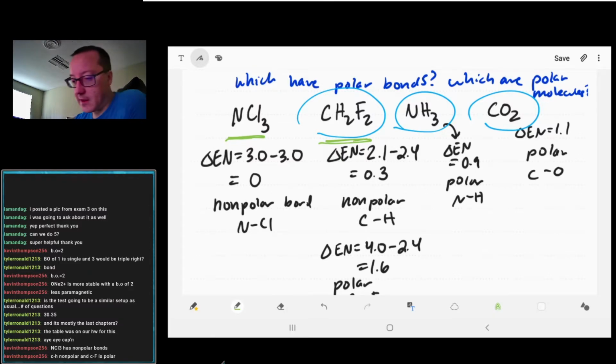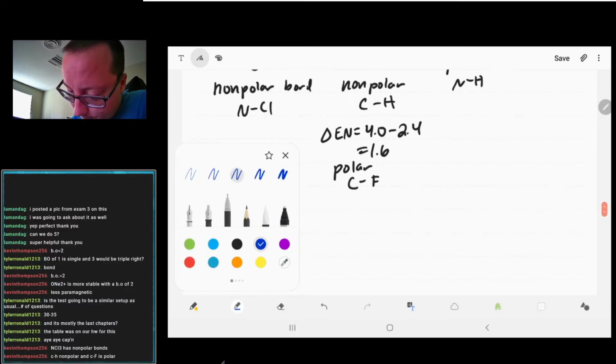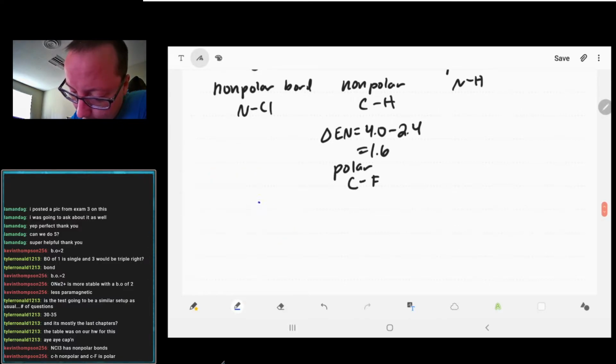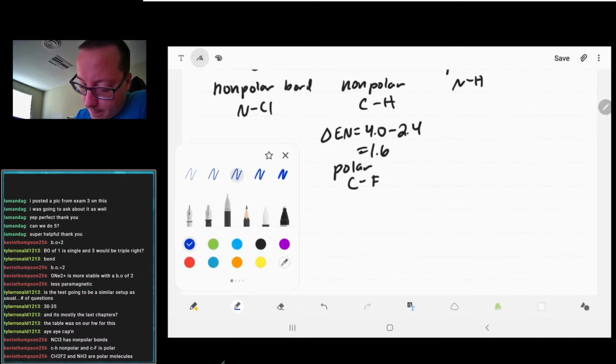So let's look at the next one, the CH2F2, difluoromethane. Indeed, they are.